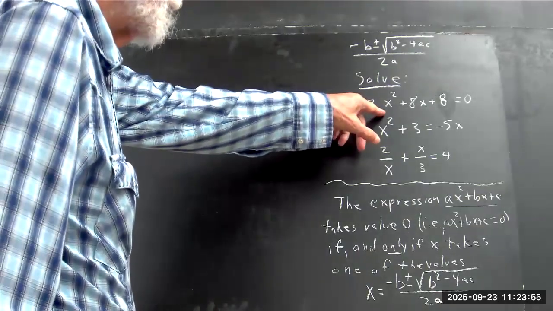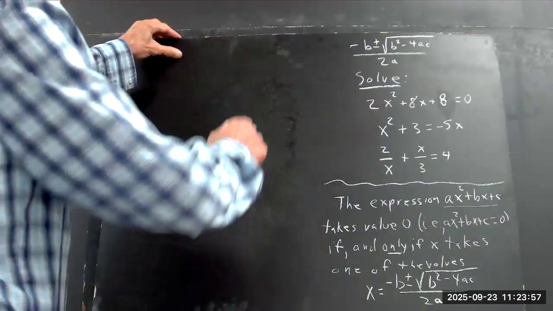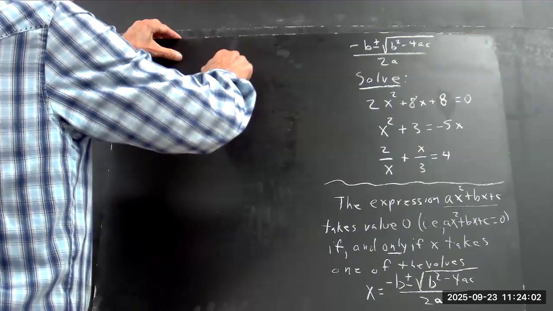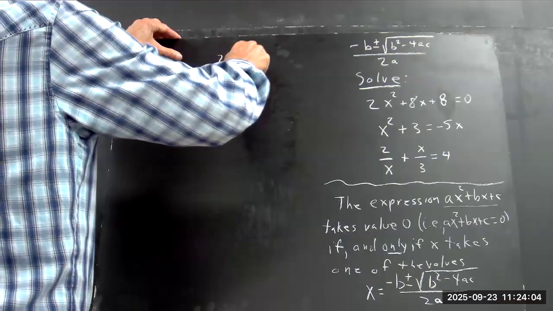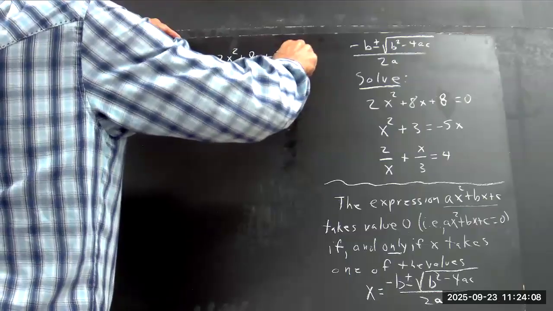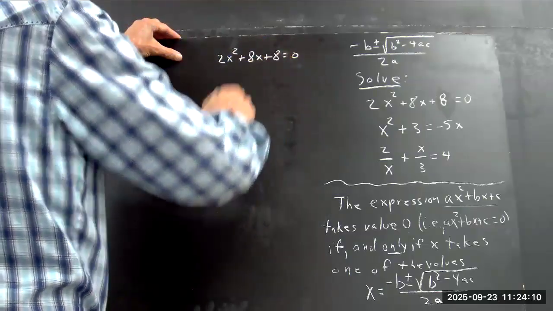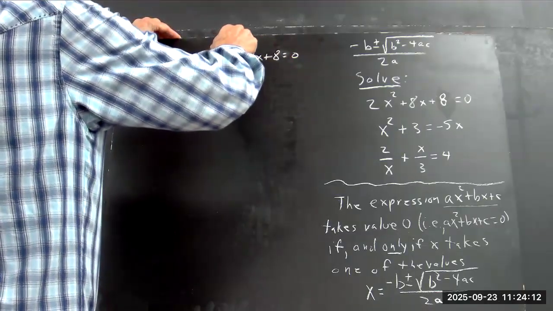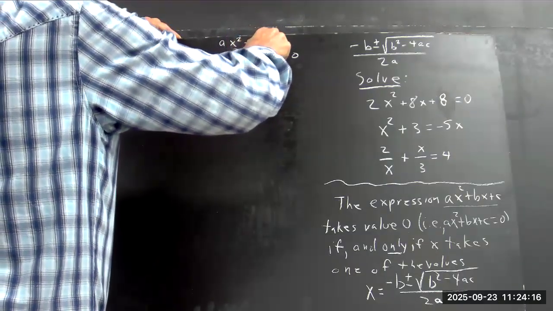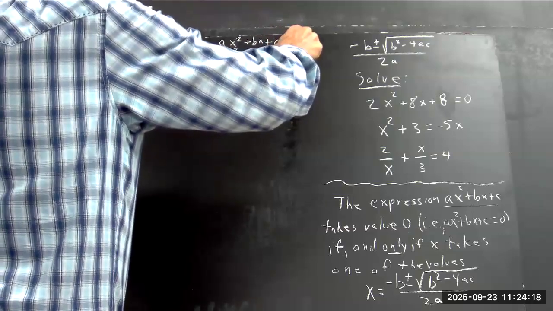Well, we can apply that to the first equation directly. We have 2x squared plus 8x plus 8 equals 0. And of course, that matches ax squared plus bx plus c equals 0.